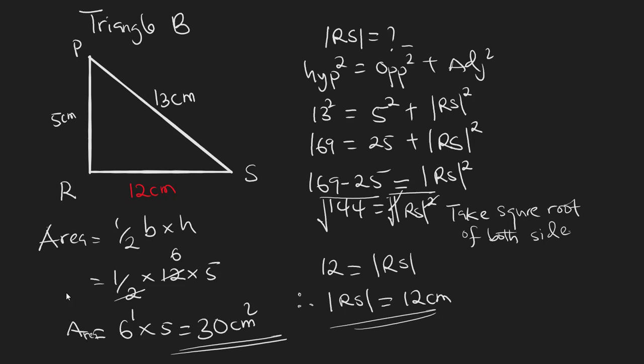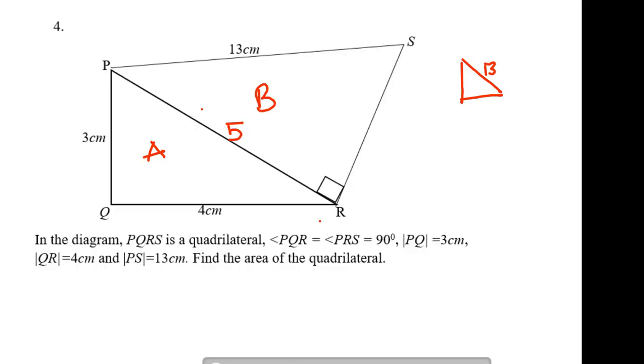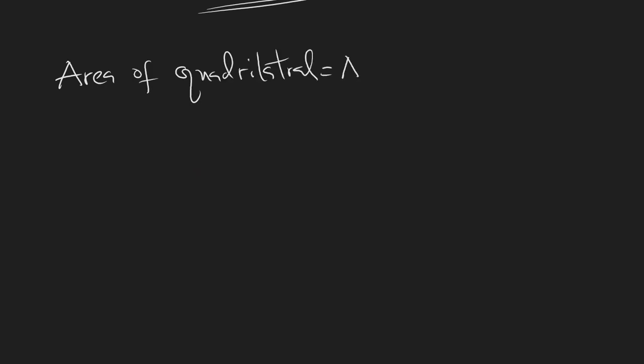So now we're going to add the two triangles, right? Remember we have triangle A plus triangle B. In that case, we're going to add the two areas so that we can get the total area. So now we're going to say the area of the quadrilateral is equal to area of A plus area of B, right? What is the area of A?